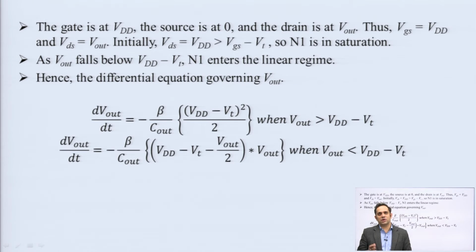Initially, VDS is equal to VDD, which is much higher than the gate overdrive, VGS minus VT, where VT is the threshold voltage, the voltage above which your NMOS turns on or below which your PMOS is considered on. So, the voltage at the output is higher than the gate overdrive, so N 1 is in saturation. As V out falls below VDD minus VT, your N 1 enters the linear regime.